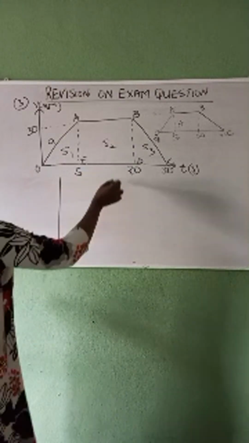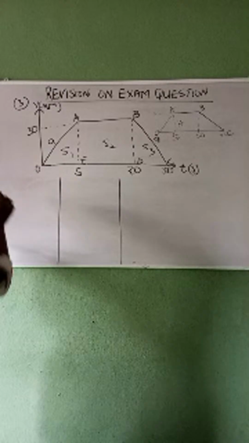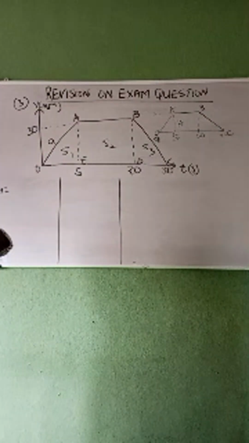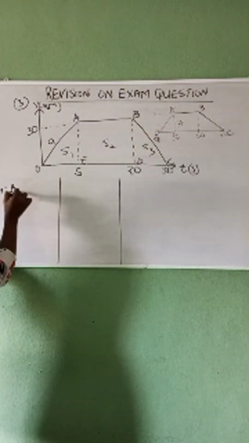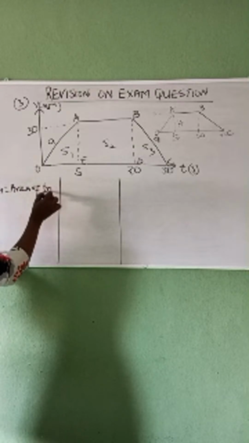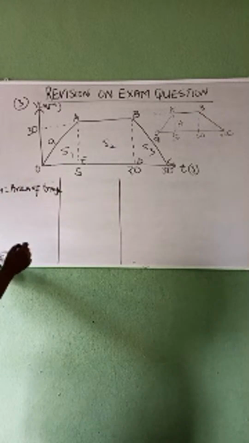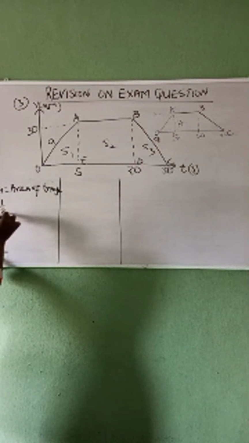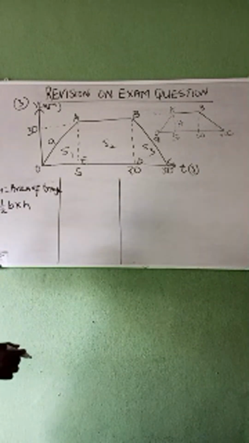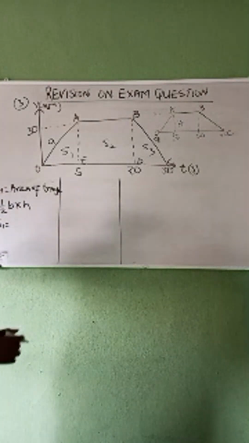Okay, let's solve. So for us to use the second method, the x1, this is a shape of what? A triangle. I will use area of triangle, right? And the formula is half base multiplied by height. Now, what's the base here?